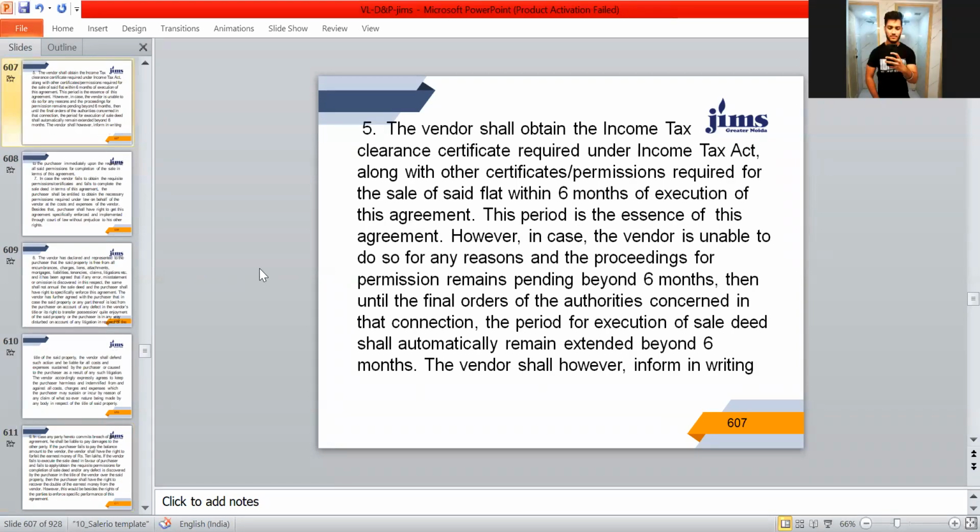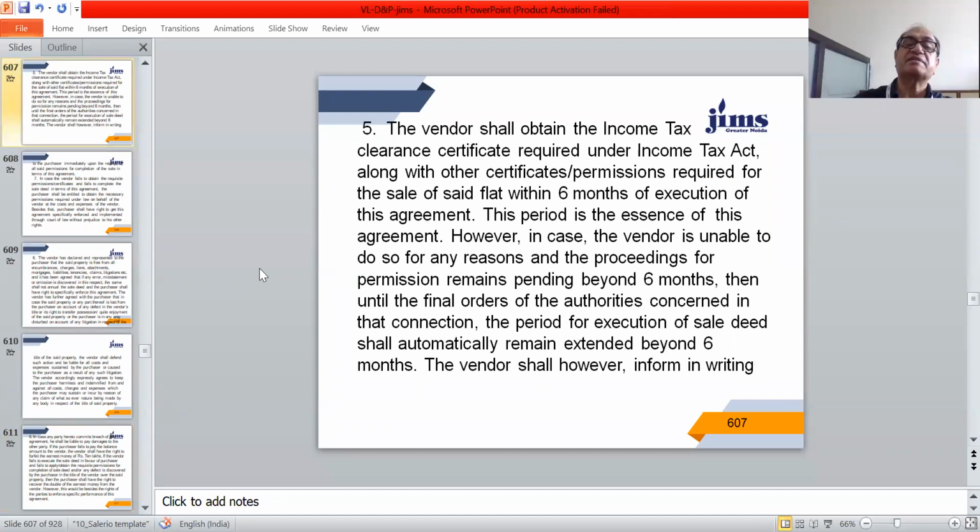Then para 5. The vendor shall obtain income tax clearance certificate required under Income Tax Act, along with other certificates and permissions required for the sale of said flat within 6 months of execution of this agreement. So 6 months time is for completion of formalities, and this period is the essence of this agreement.